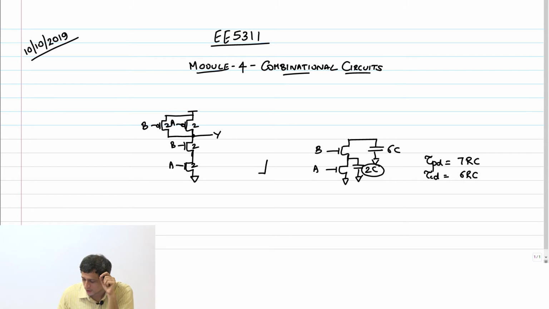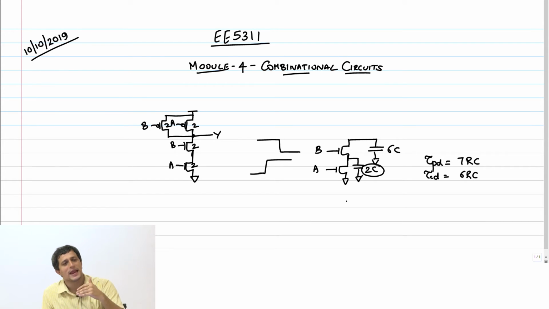A might actually switch early, but B might switch later. So when I say A is switching early, it means that A has switched to logic high, already discharged the capacitor and is now waiting for the input B to switch. When that input comes, you want the delay to actually be minimal.